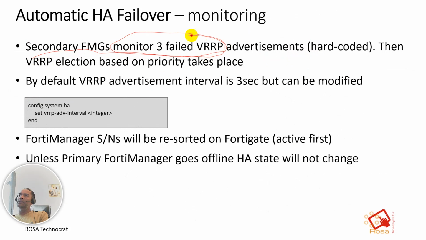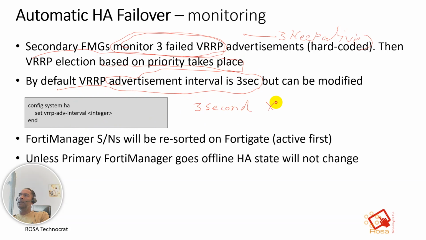This is important: 3 failed VRRP keepalives. If 3 keepalives fail, then VRRP election based on the priority takes place and there is a failover between the boxes. By default, the VRRP advertisement interval is 3 seconds, so 3 second interval and 3 keepalives failed.